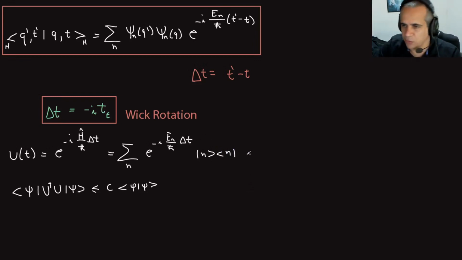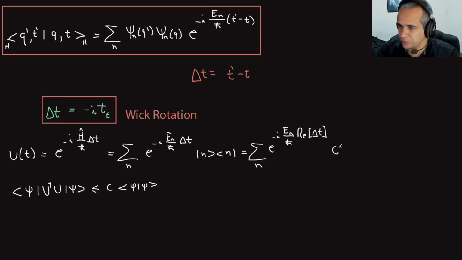And then when I do the analytic continuation of delta t, this becomes just the sum of the exponential of minus i energy over h bar times the real part of delta t, times the exponential of energy over h bar times the imaginary part of delta t. And this is the operator.